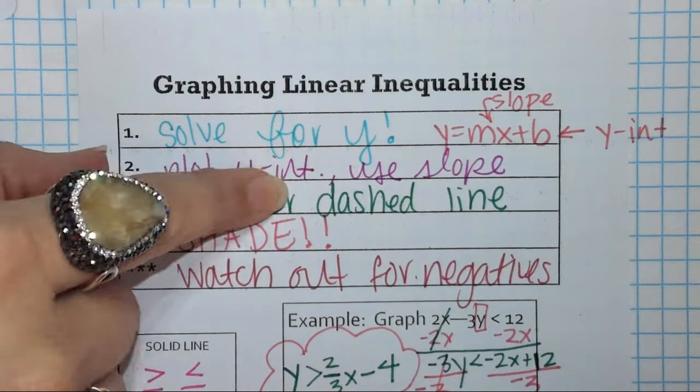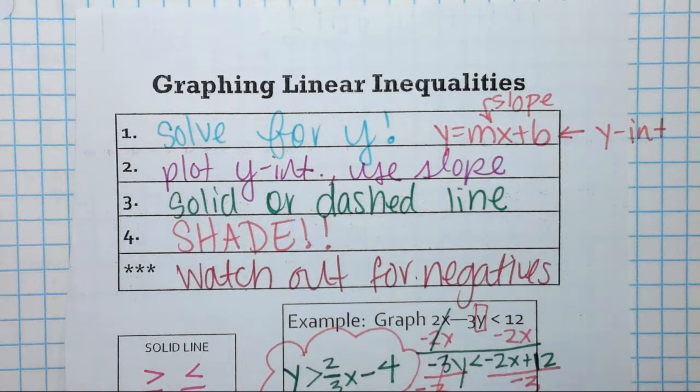Alright, so then you plot your y-intercept and you use your slope. When do you use a solid line? Connor? When it's equal to. Correct. Take a point. And when do you use a dash line? Sam? Correct. Take a point. And then we shade. How do we know when to shade above?